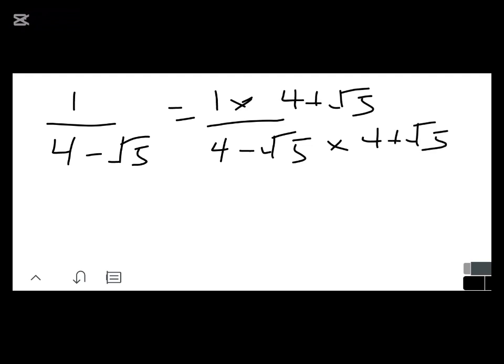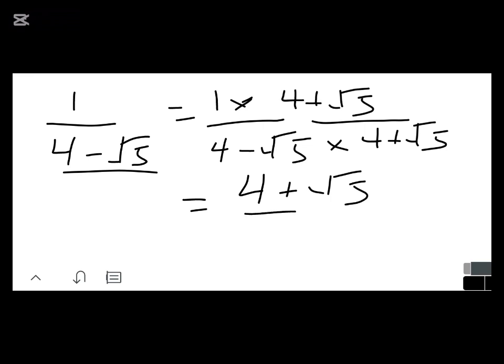So you find the conjugate of this and multiply by the denominator as well as the numerator. Then when you multiply 1 by everything at the top, you get the same thing, 4 plus square root of 5. Then in my previous video, as I said, when you find the conjugate and multiply them by each other, you treat them as difference of 2 squares.